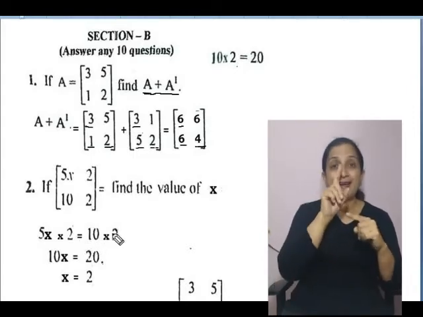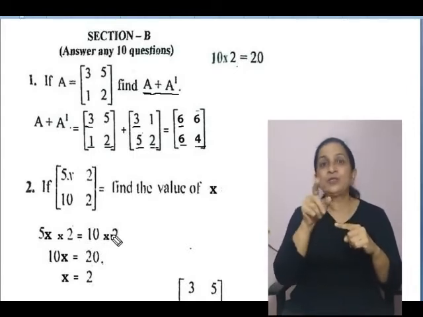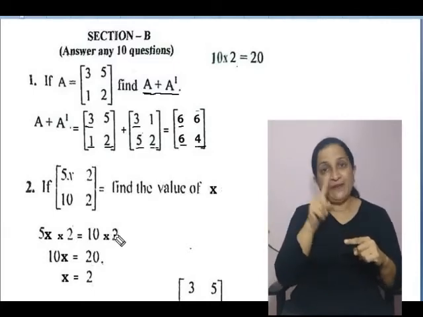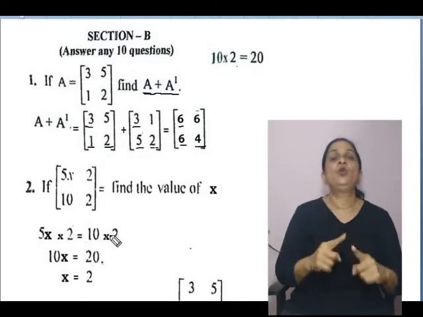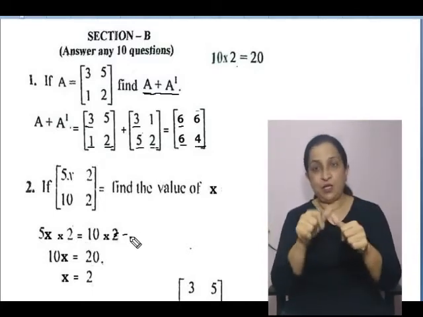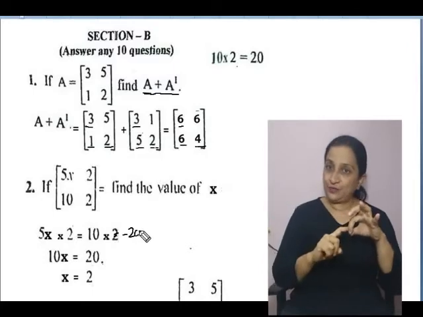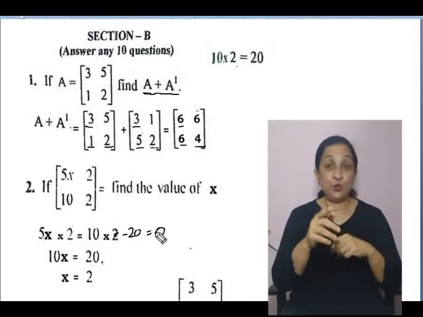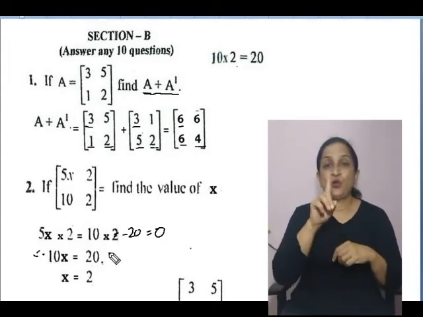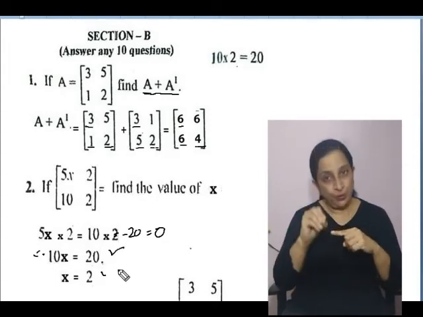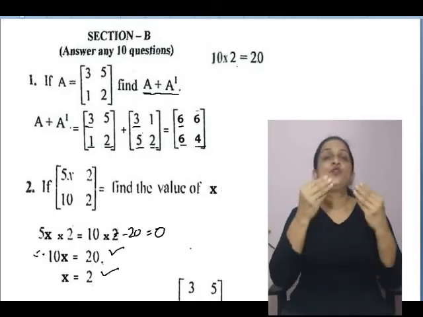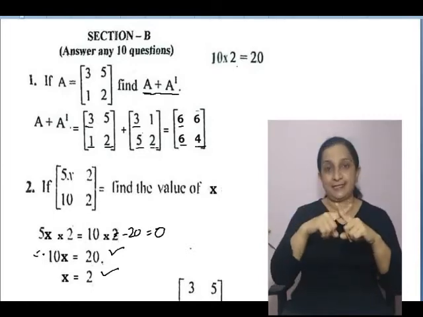This is 10x minus 20 is equal to 0. Therefore 10x equal to 20, therefore x equal to 2. This is how you find the value of x.